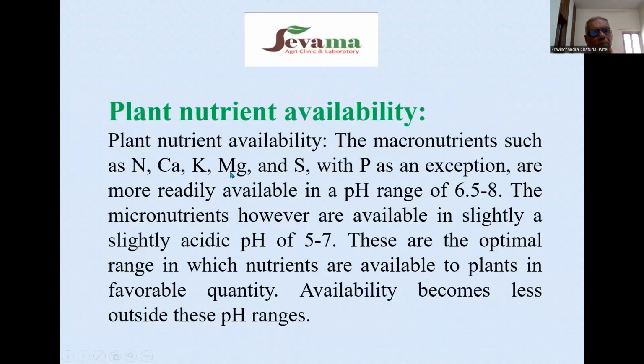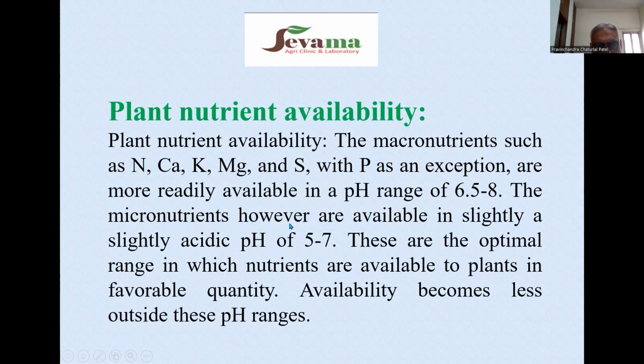Plant nutrient availability: the macronutrients such as nitrogen, calcium, potassium, magnesium, sulfur, with phosphorus as an exception, are more readily available in the pH range of 6.5 to 8. So these nutrients except phosphorus are more available at 6.5 to 8 soil pH.